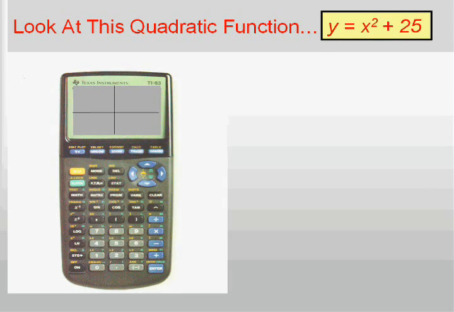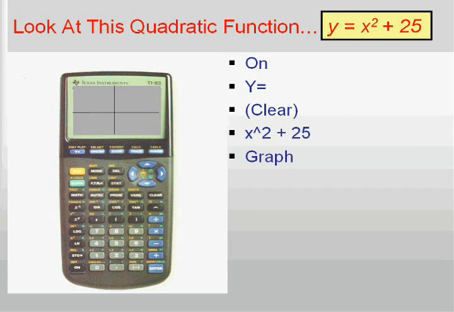And that's going to be to actually change what we call the window. Now let's look at this quadratic function, because it's x squared. If you haven't already, turn your calculator on, hit y equals, clear out what we just did, and put in this function, x squared plus 25. Now that's going to move it up 25, isn't it? And if you hit the graph button, what do you see?